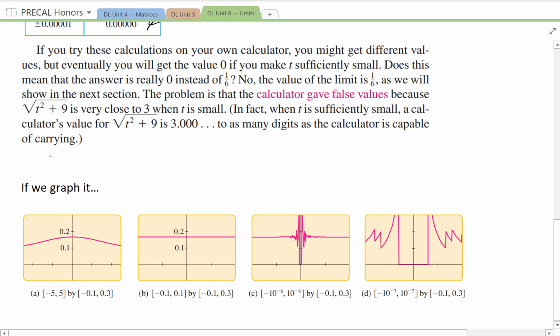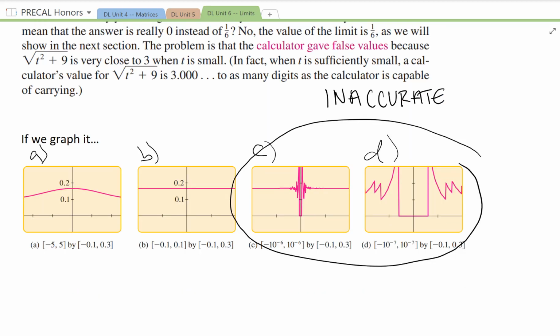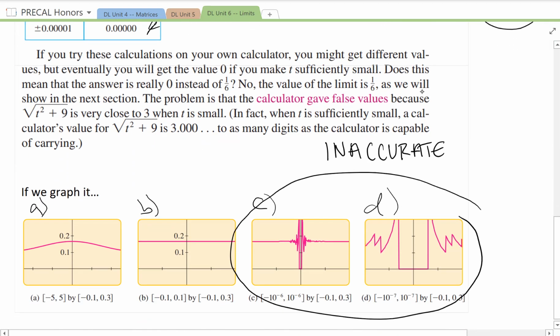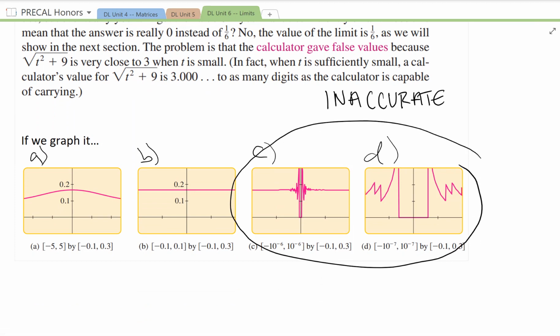When you graph it, this is what it looks like. Now you zoom in to graph B. This is another clear picture of what it looks like. Zoom in further. Zoom in further. Graphs C and D give you an inaccurate look because as you plug in values for t closer and closer and closer to 0, your calculator has difficulty accurately depicting what's happening with the graph because there are so many decimal places.